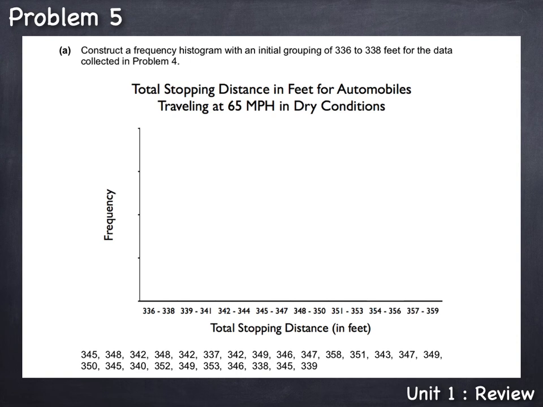We stop when we reach the entire range of the data. That is, once we pass the largest data value in our sample. And by looking through the data, we notice that the largest stopping distance was 358 feet. So our final grouping in our histogram must include the largest data value, 358 feet.